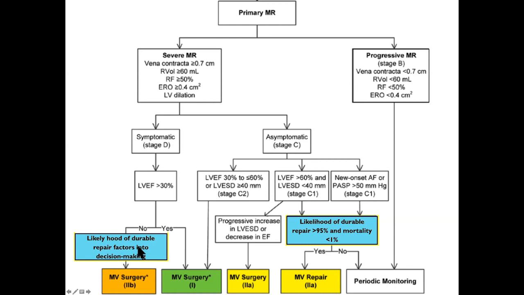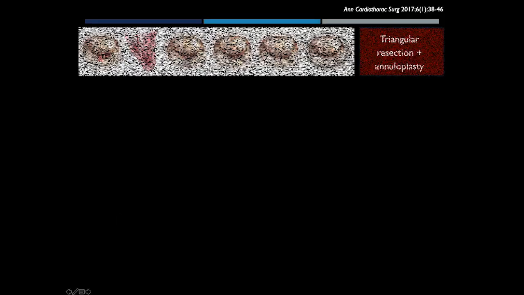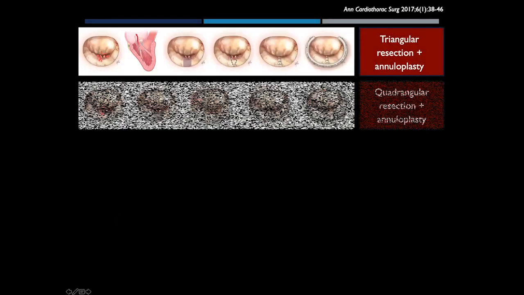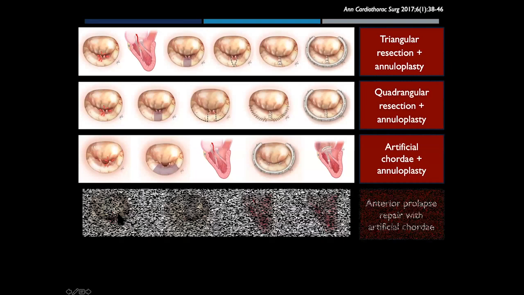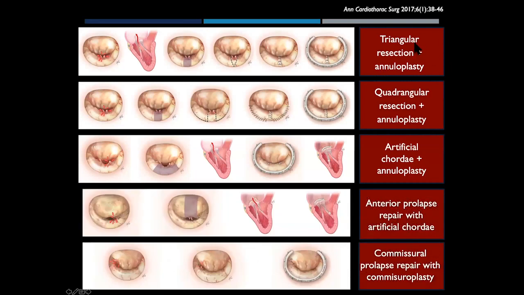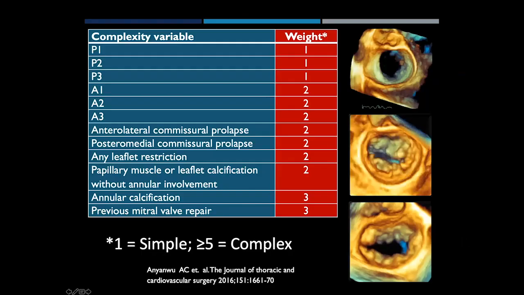And if you think there is a likelihood of durable repair, then these patients have a class 2B indication for surgery. So these are just some of the different surgical techniques, just so that you are aware. You can have triangular resection, annuloplasty ring, quadrangular resection with annuloplasty, artificial cords with annuloplasty, and with anterior prolapses, you can also have repair with artificial cords, and you can also get commissural repairs with commissuroplasty.